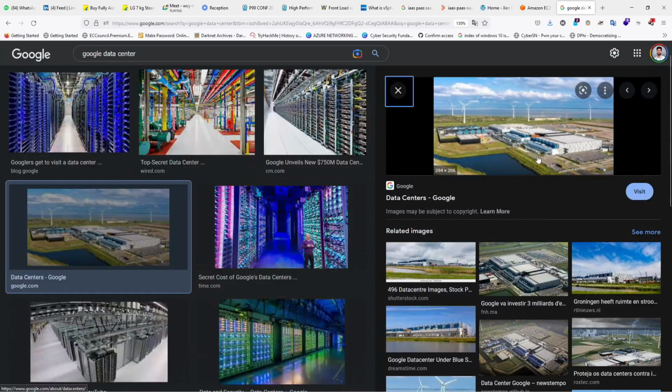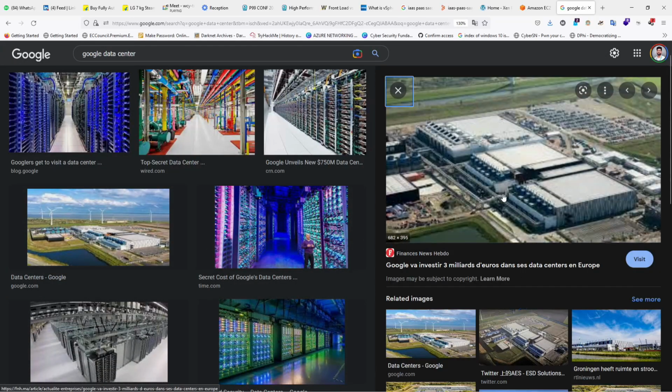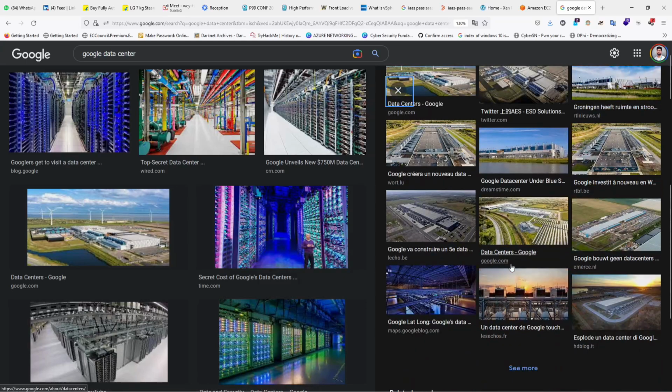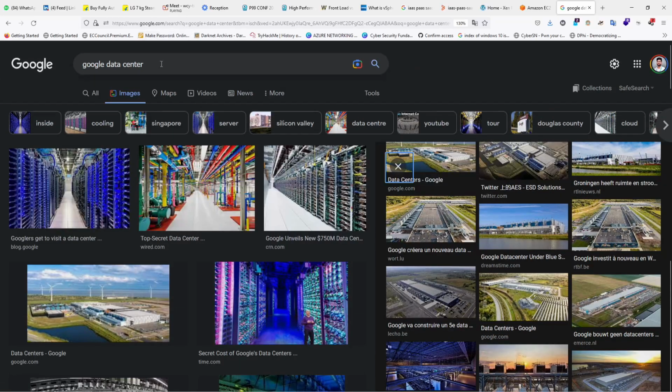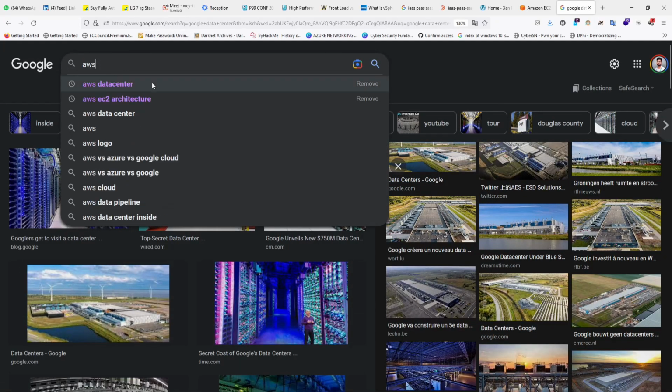Suppose we have this area with big buildings. This is the cooling plant. This is the main server branch. If you talk about AWS locations, there are more than 50.